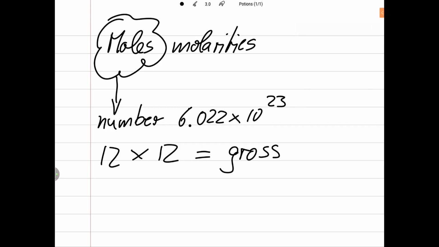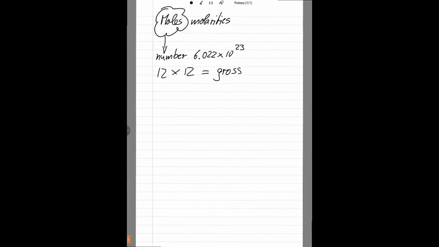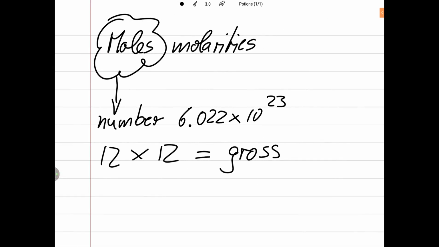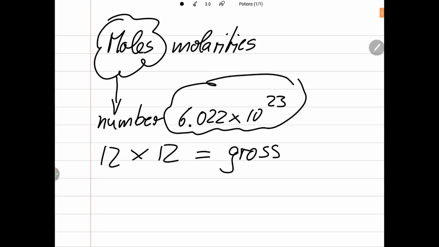No, it doesn't have a name. And, of course, 6.022 times 10 to the 23 is just another name for just a number, right?